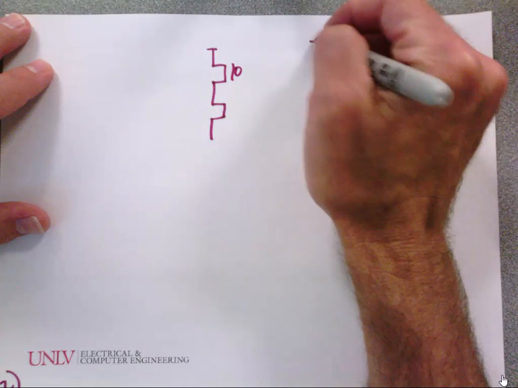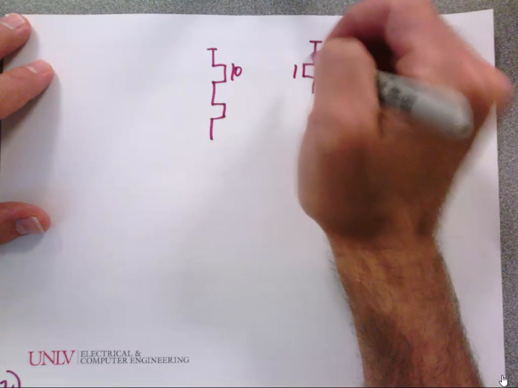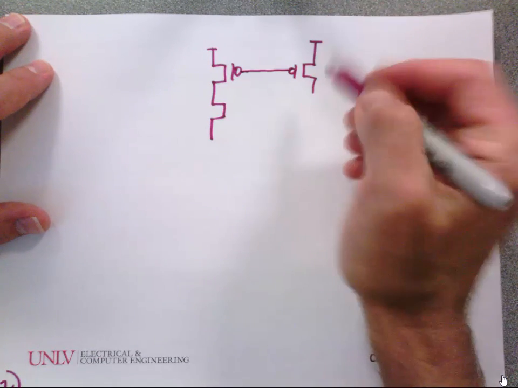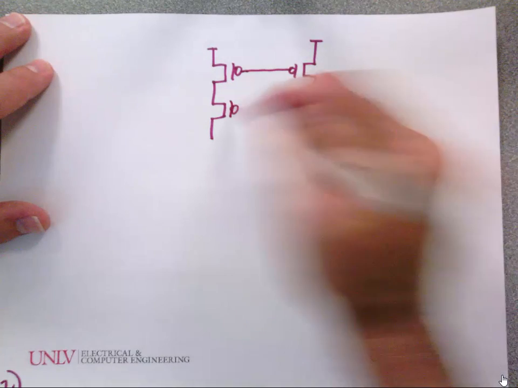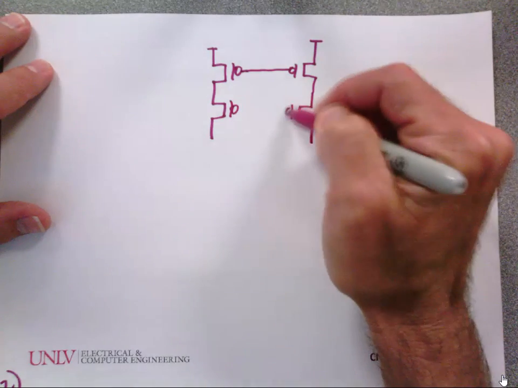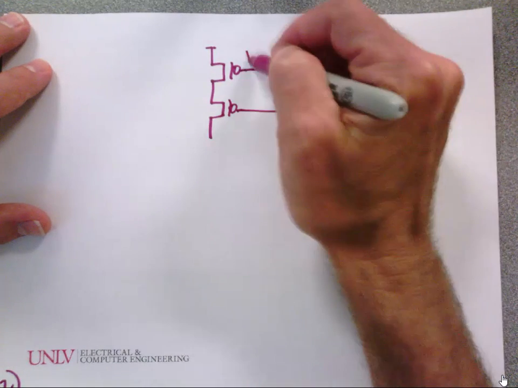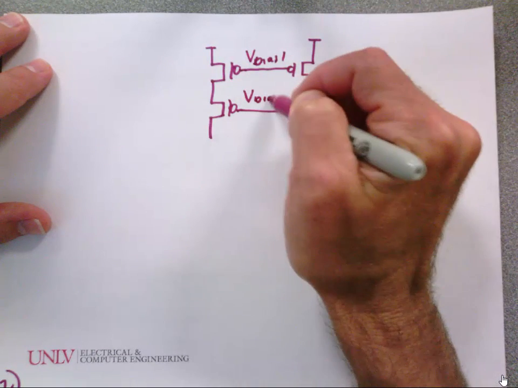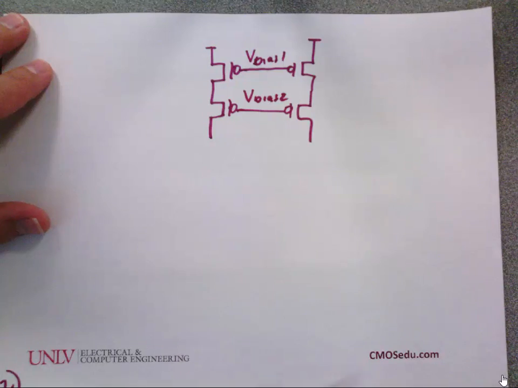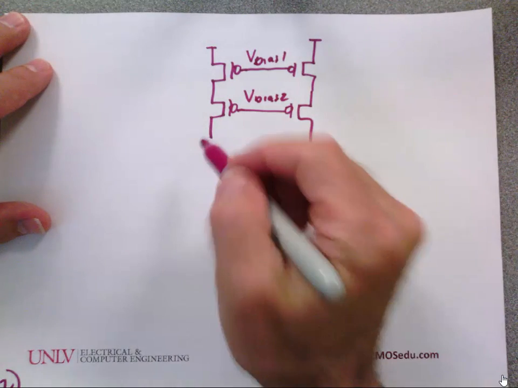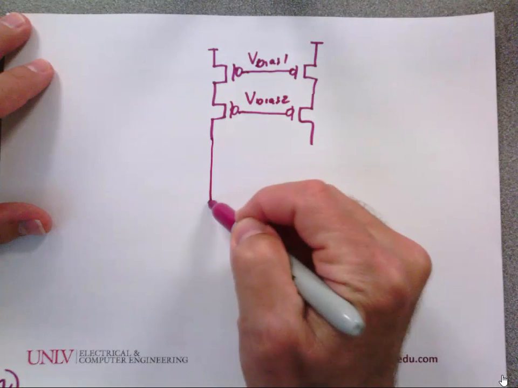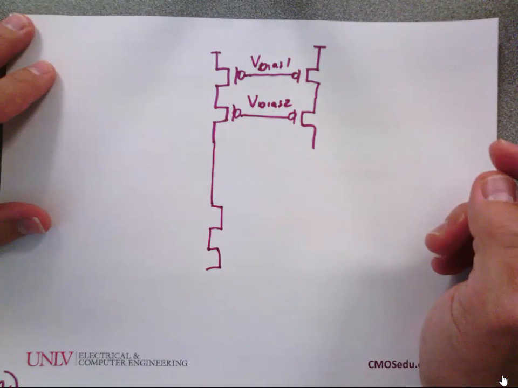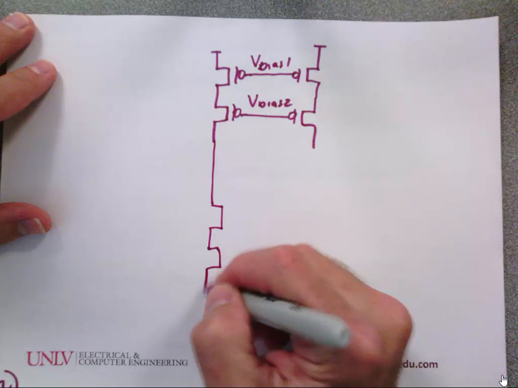So I'm going to put a structure that looks like this. And then I'm going to come down here. Okay, so this is a cascode structure, everybody would agree, right? So I'm going to come down here.